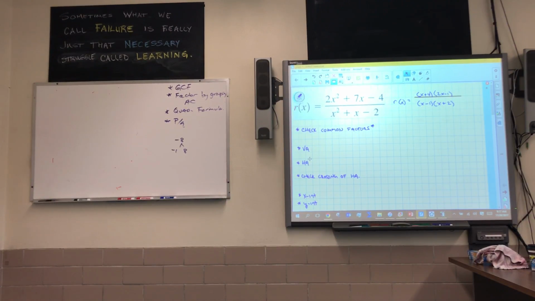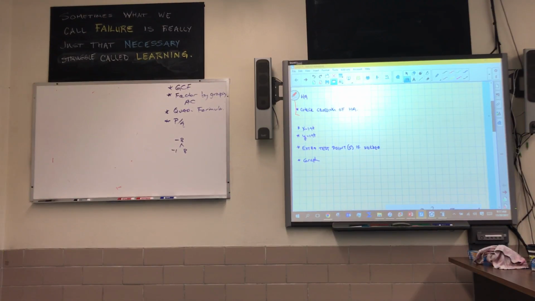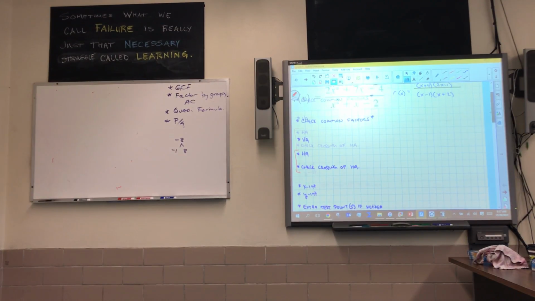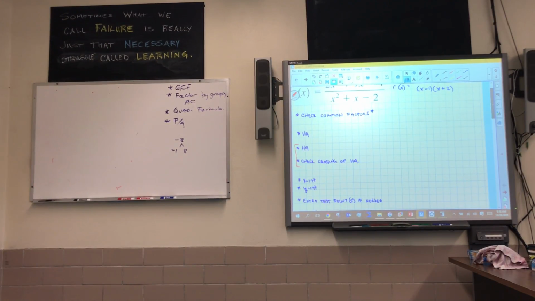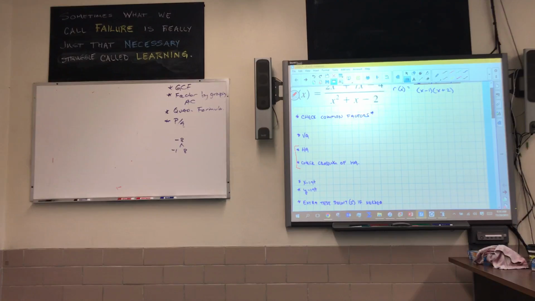Next thing we do is find vertical asymptotes. Okay? And it doesn't matter how you find the rest of these things. These two are dependent on one another, so they have to come in that order. But everything else is as you want to do it. Okay? But my suggestion is don't flip-flop between, I find vertical asymptotes at first, and then on the next question I'm going to find x-intercepts first, and then on the next question I'm going to find y-intercept first.